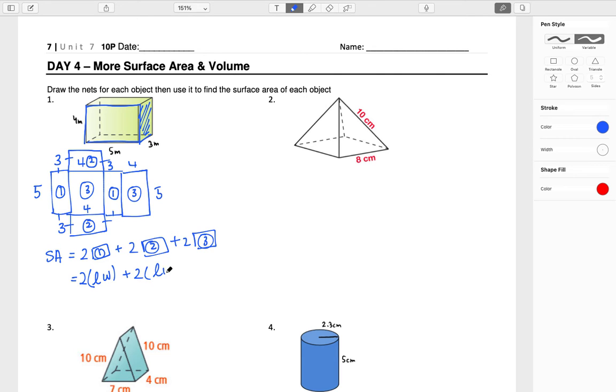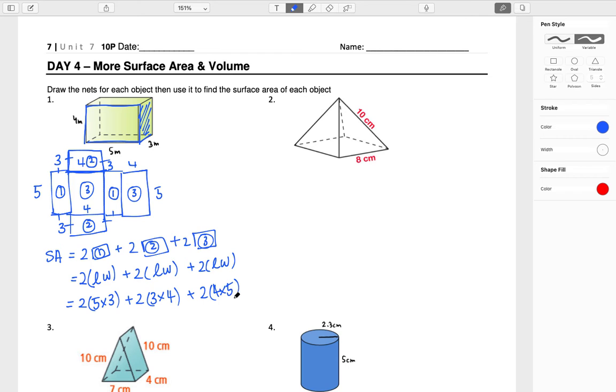So 2 times length times width, for each one. The first one is 5 times 3, the second one is 3 times 4, and the third one is 4 times 5.